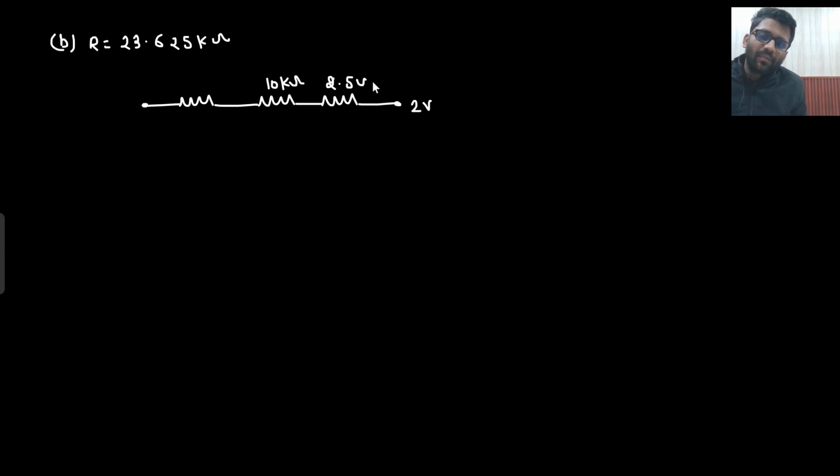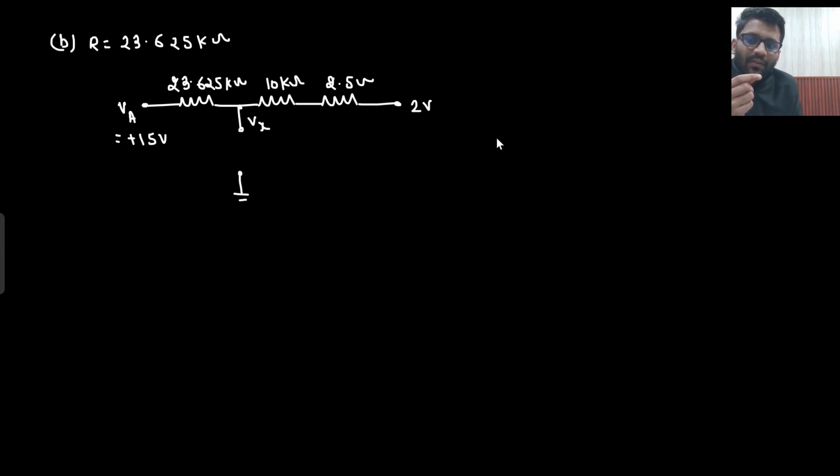Again I am taking the diode out, applying the open circuit test here. Here I am going to apply VA only. VA could be plus 15 or minus 15, anything. So I am using plus 15 volt, and here 23.625 kilo ohm. So what I need to find is Vx.